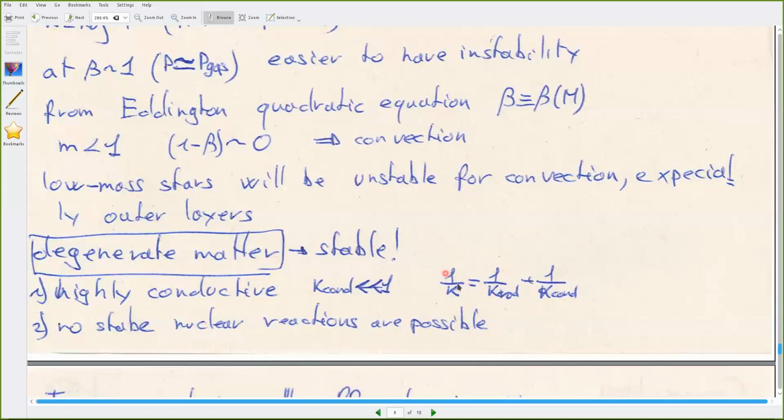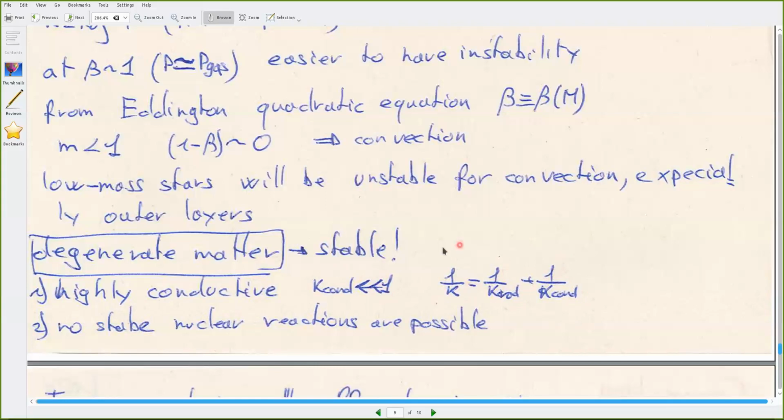So the total opacity, 1 divided by the opacity, is equal to the sum of the inverses of the other two. That means if the conductive opacity is really small, its inverse will be really big and more important than the part due to radiation.